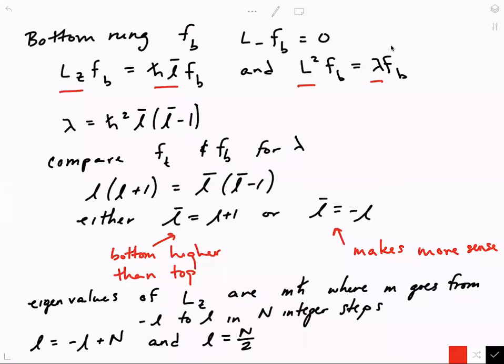The result of this solution is that L either is an integer or a half integer, from these eigenvalues of L_z being m and m being confined to these steps.